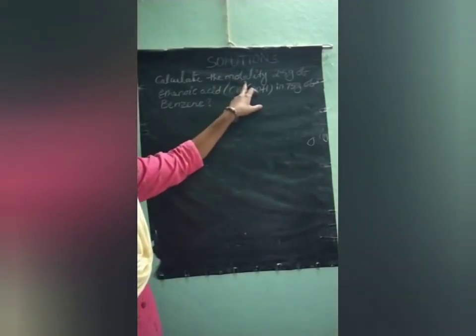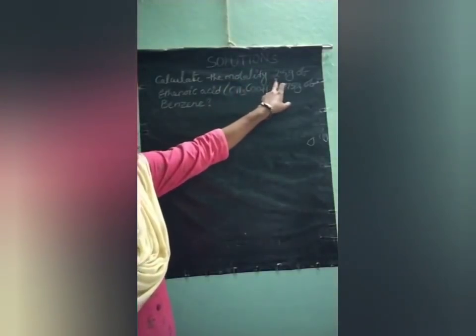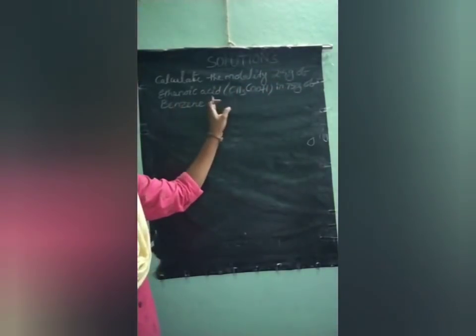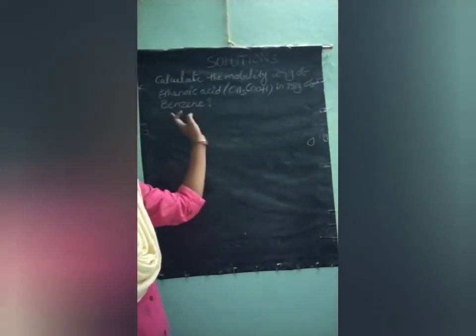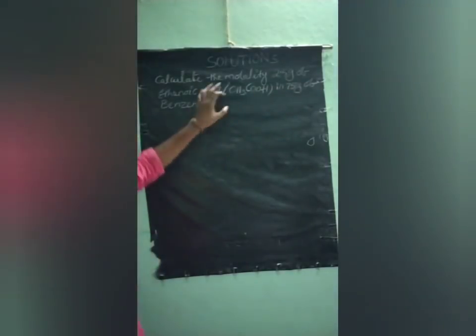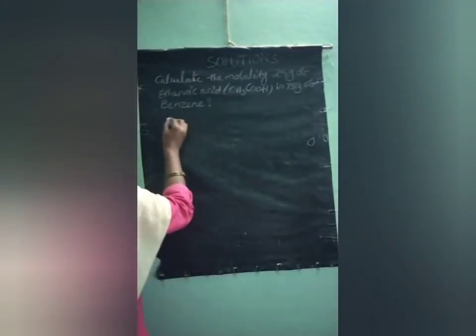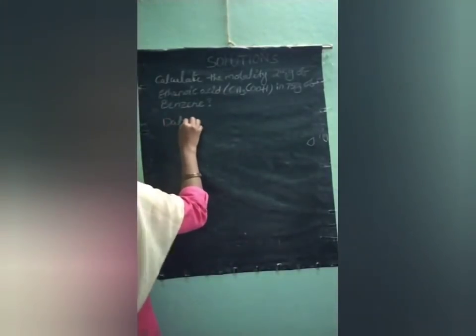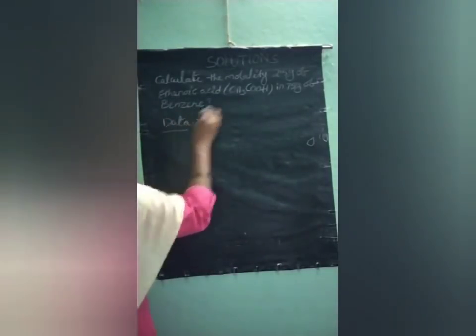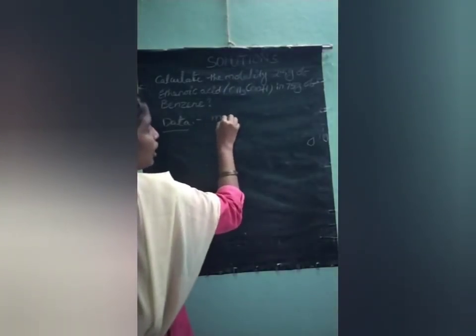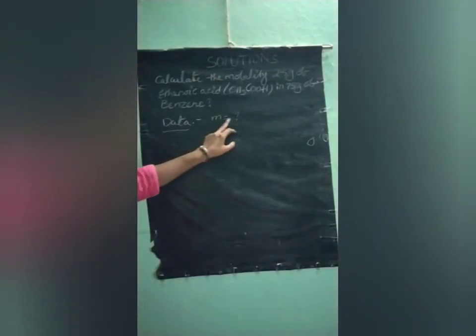Again I repeat, calculate the molality of 2.5 grams of ethanoic acid in 75 grams of benzene. So what is the data given in the problem? First, the molality of the ethanoic acid we don't know, so it is a question mark.